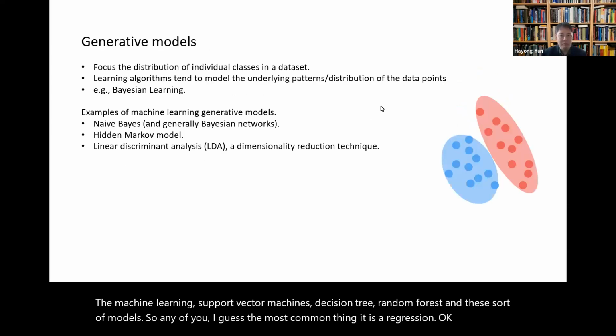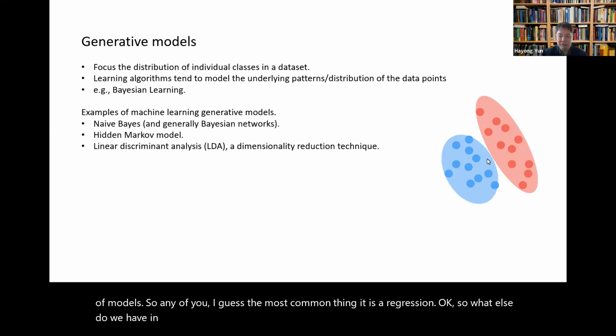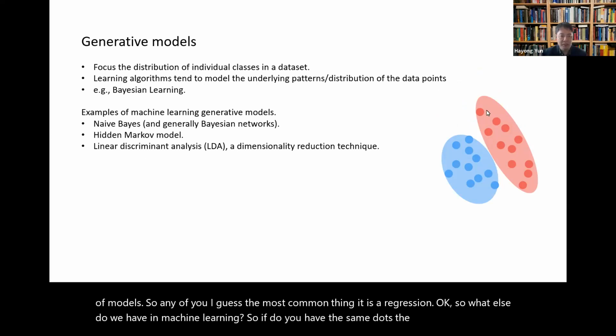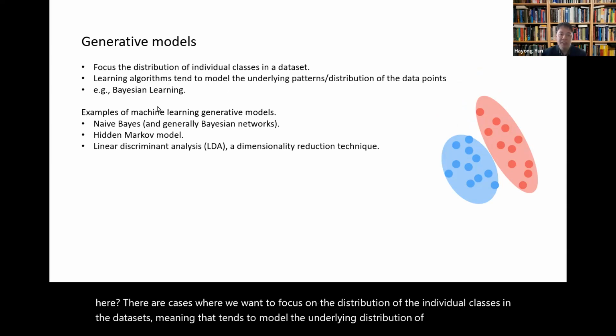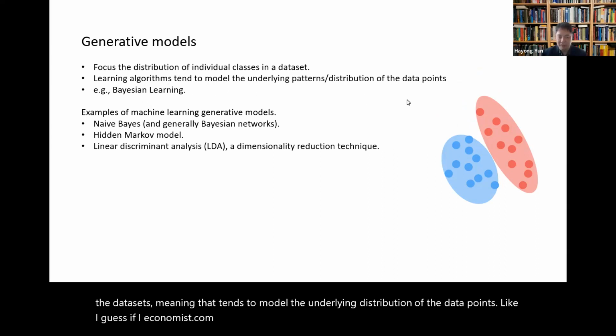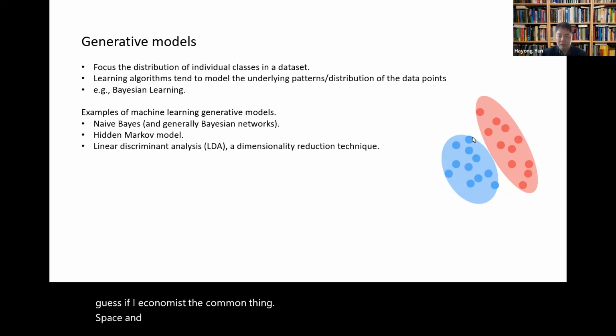So what else do we have in machine learning? If we have the same blue and red dots here, there are cases where we want to focus on the distribution of the individual classes in the data sets, meaning we model the underlying distribution of the data points. For economists, the common thing is Bayesian learning. What is the posterior distribution that generates this or this?